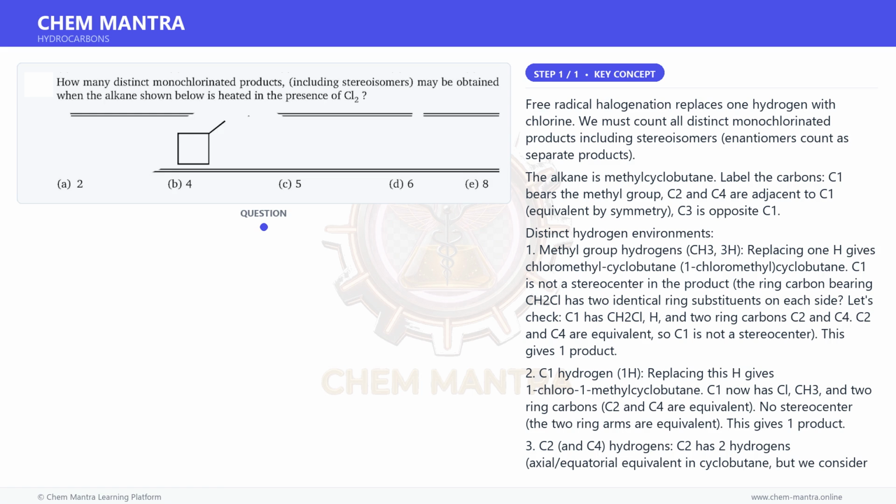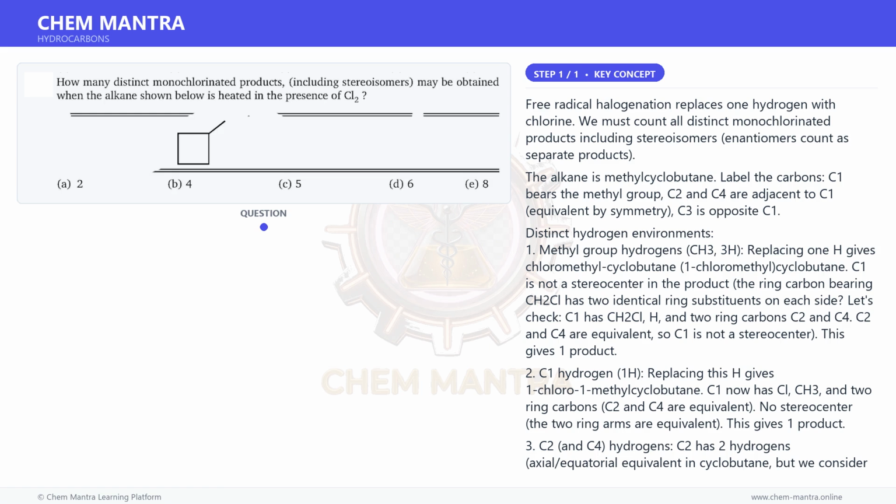Total is 4. Total is 1 plus 1 plus 4 plus 3 equals 9. That's not 8. Re-examining the C2 position, does cis-1-methyl-2-chlorocyclobutane actually have a plane of symmetry? No, CH3 is not equal to Cl, so no. So 4 stereoisomers at C2 and C4.